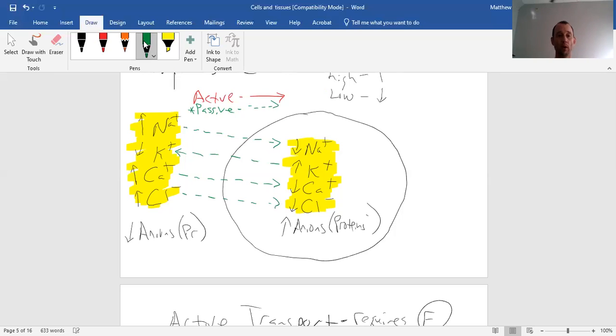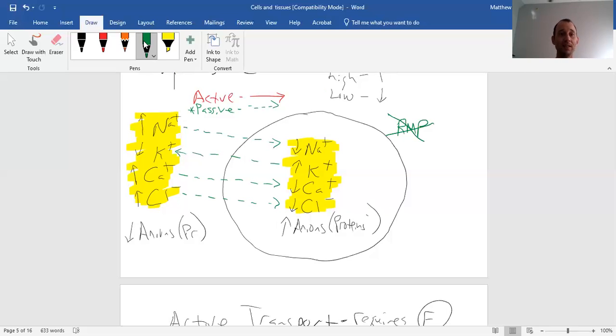So here's my big point. If we allowed all of these to just passively leak down their concentration gradient, and not have some degree of concentration difference, there would be no resting membrane potential. There would be no charge. If you use up your battery, it loses the charge.